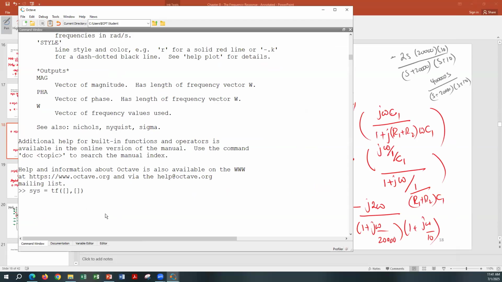So that's going to be 400,000, comma 0, and the denominator is going to be s squared, and then 20,010, and then 200,000.